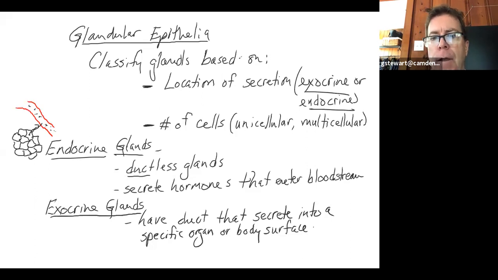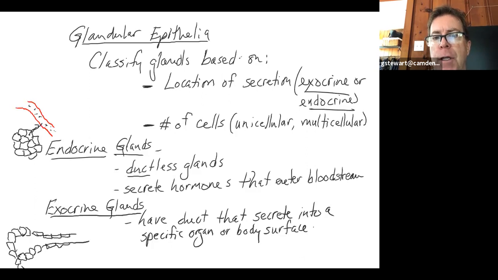Exocrine glands are typically a group of cells, almost always. I'm running out of space, so I need to redraw my picture here. My gland is going to go this way. It's a group of secretory cells like this that have a duct or a tube that's lined with cuboidal cells.